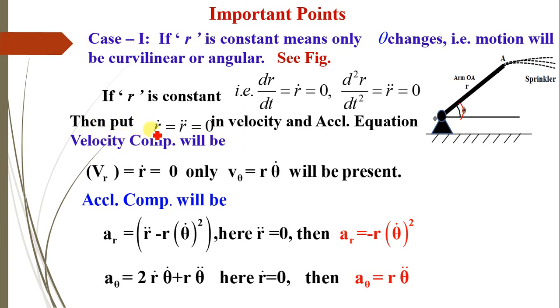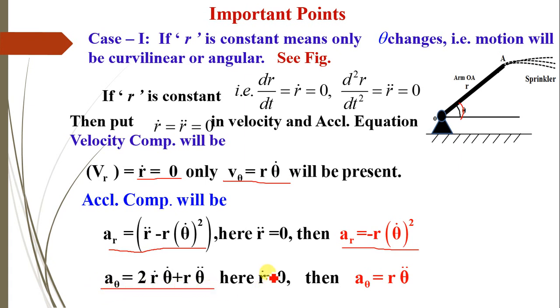Then substituting the value of r dot and r double dot equal to 0 in the velocity and acceleration equations, the velocity components become Vr equals 0 and V theta equals r into theta dot. Similarly, the original radial component of acceleration is r double dot minus r theta dot square. As r double dot is 0, ar is directly equal to minus r into theta dot square. The original value of a theta is 2 r dot theta dot plus r theta double dot.